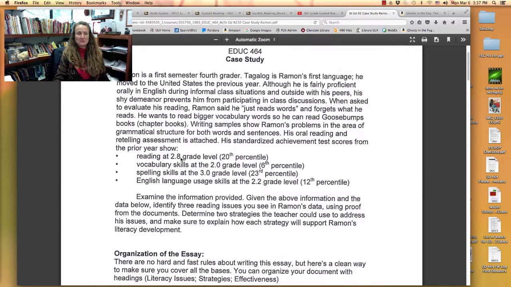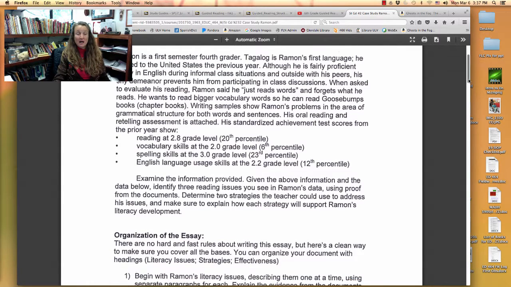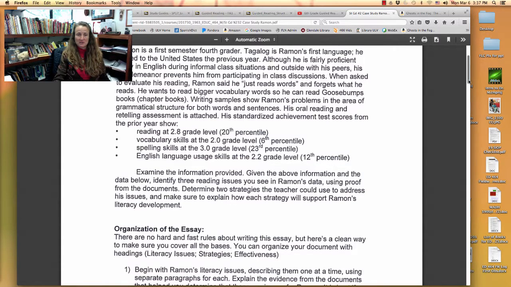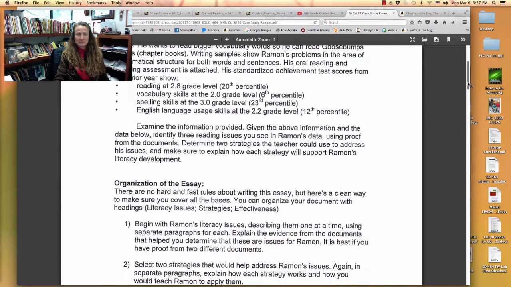And if he's reading at the 2.8 grade level, that's second grade, 8 months, and he's a 4th grader. And if he's just learning English, that makes sense for English. Actually, it's not too bad. Hopefully he was literate in his first language. Okay, so you can figure out what these mean for Ramon.